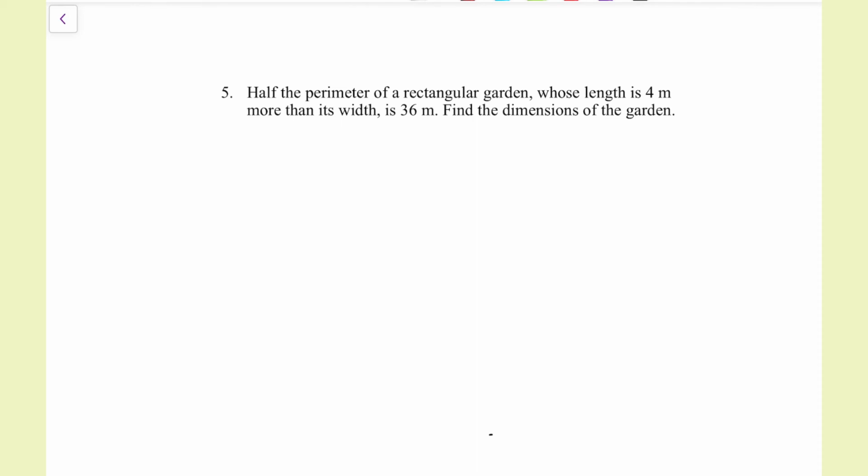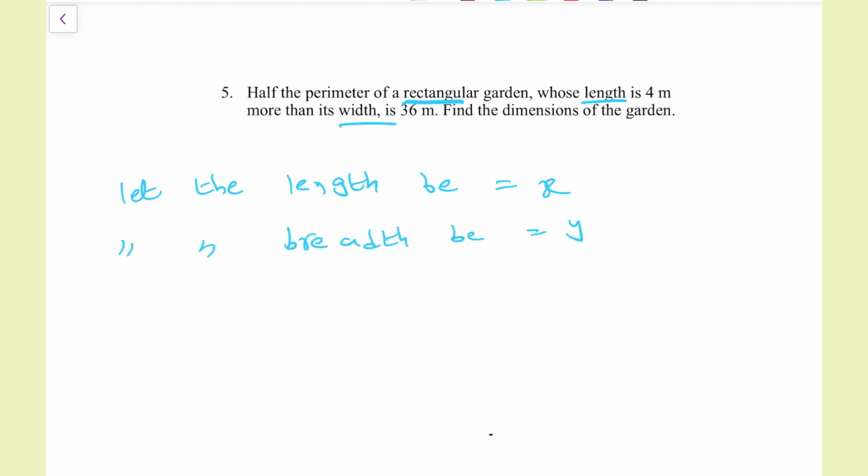So according to the question, it is a rectangular park and length is there and width is there. So let the length be x. The same way, breadth, width both are the same of course. So let breadth be y.